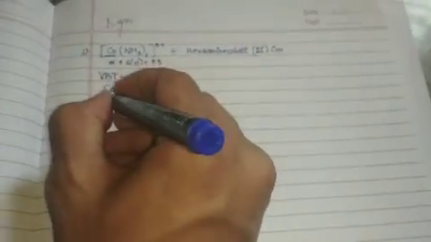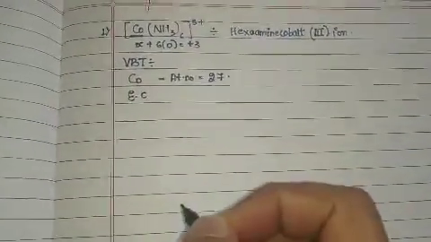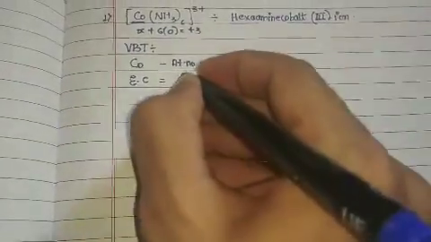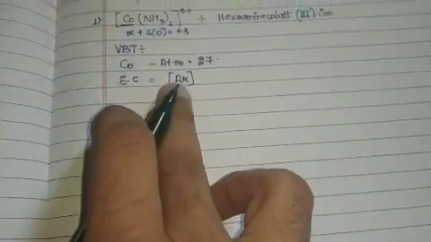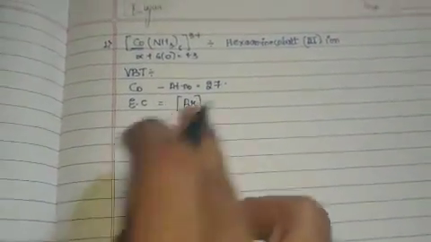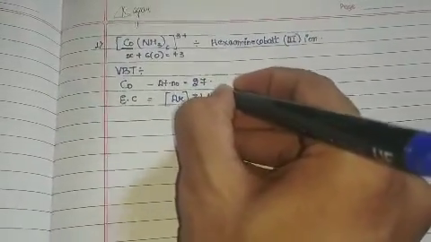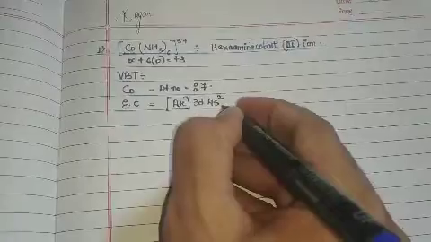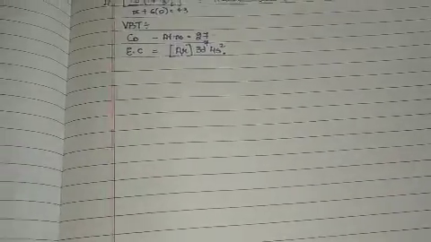When I write its electronic configuration, argon configuration, which means 18 electrons, then 19, 20, 3d7. This is with respect to the cobalt element.